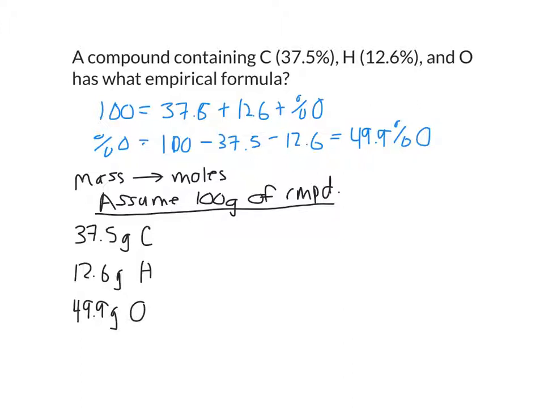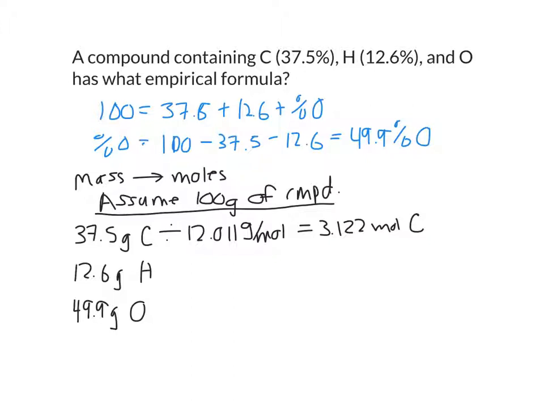So to get from grams to moles, we just need to divide by the molar mass. So if I divide by the molar mass of carbon, in this case, because I'm looking at the grams of carbon, I will find that I have 3.122 moles of carbon in that 100 grams of compound.